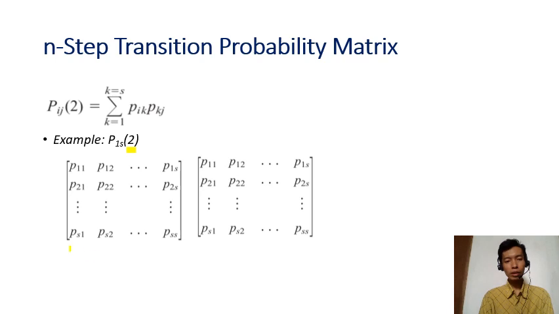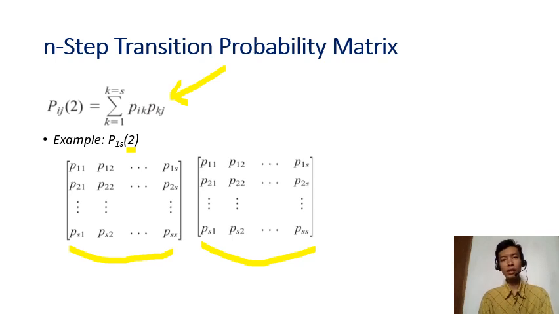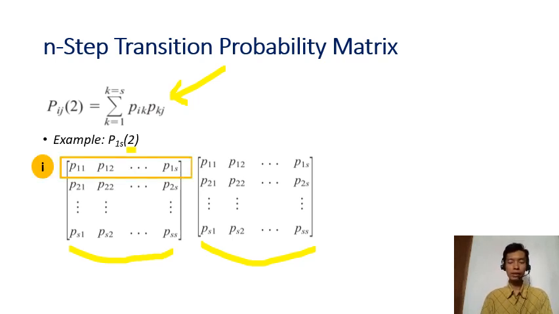So this is matrix P, and this is also the same matrix P. So following this formula, if we want to compute the transition from 1 to S in 2 steps, first we need to see the probability of 1 to all possible states.